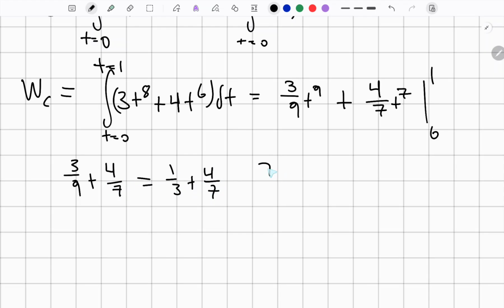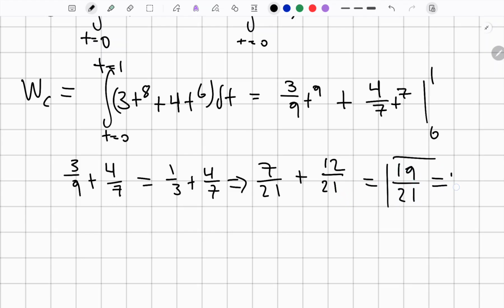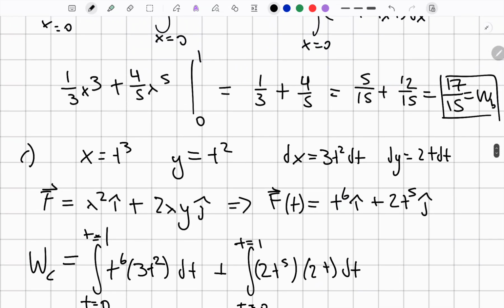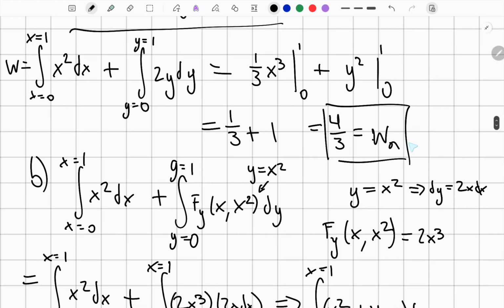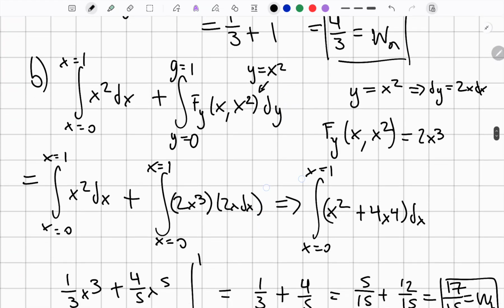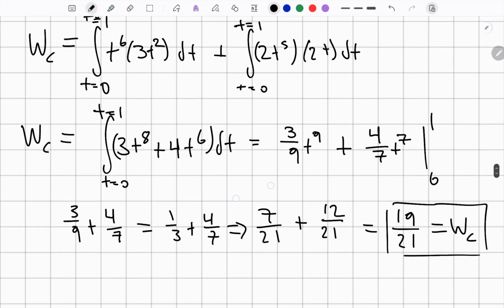It's going to be 7/21 plus 12/21, which is going to give us 19/21. That is our work along path C. So we found all three parts of the problem. And you notice that the work is path dependent. It's not path independent, which means that the force is non-conservative.